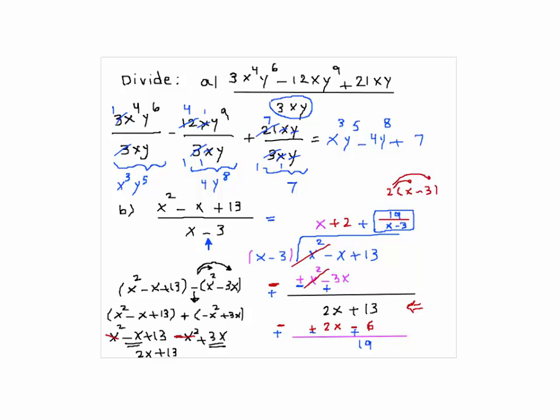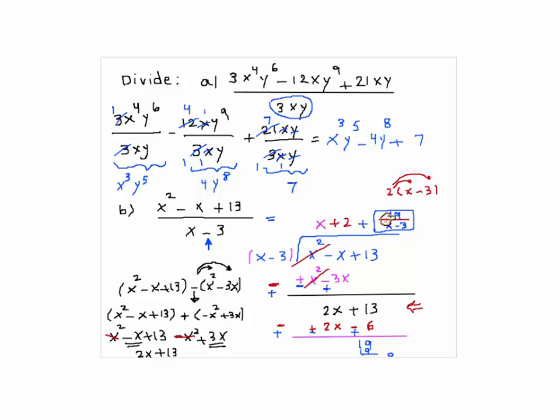Because we want to reduce that. So if I multiply 19 over x minus 3 by x minus 3, x minus 3 cancels and I get 19 here. And then now, if I subtract, the remainder would be 0. So when you see a fraction here, that's all it means.